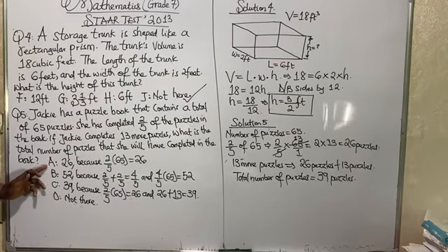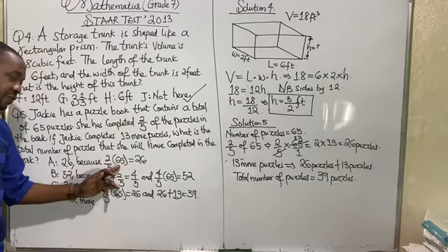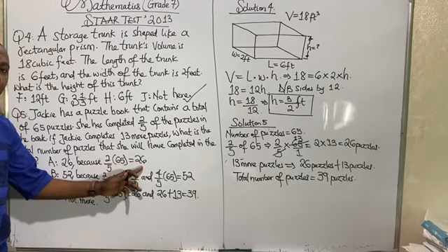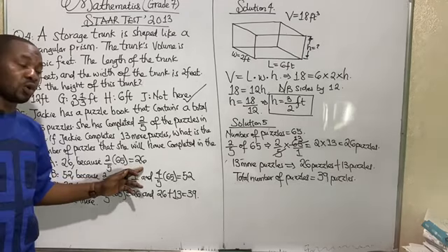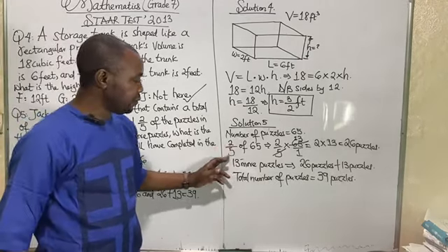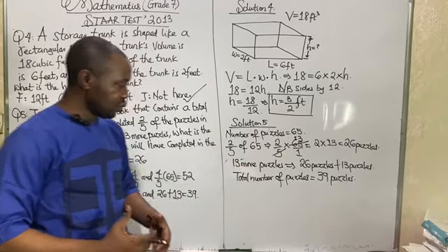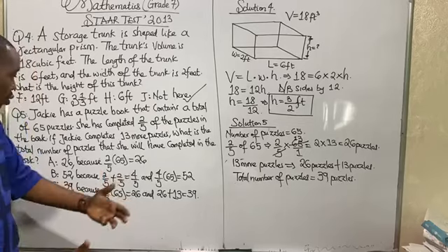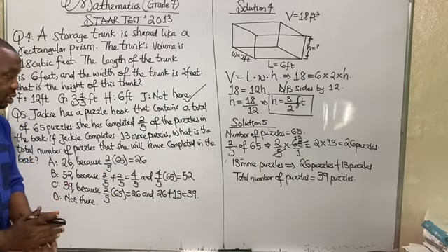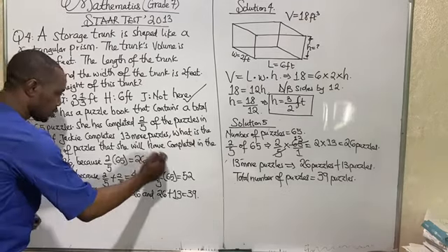The first option, that's A, we have 26, because 2/5 of 65 is 26. This is an incomplete statement, because after she completed 2/5 of 65 puzzles in the puzzle book, she also completed 13 more puzzles. She completed another 13 puzzles. So this is not correct.